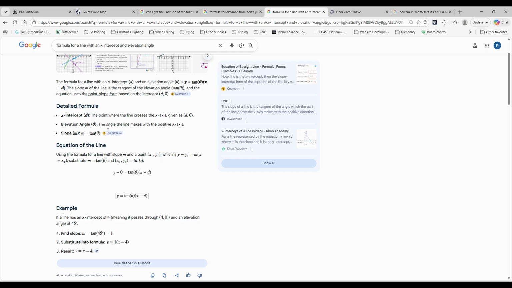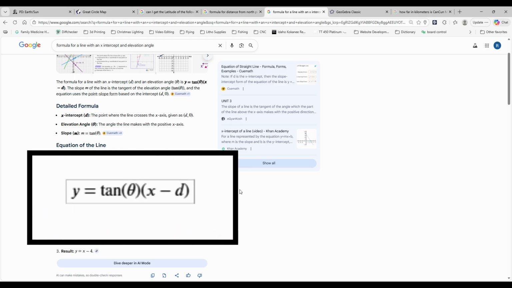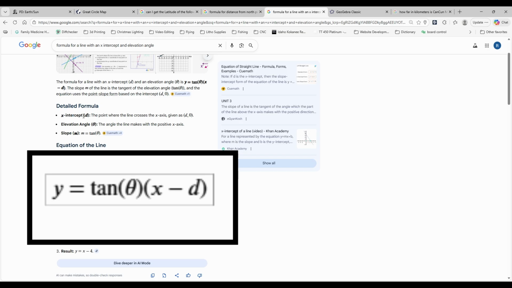And then if we want to graph a line, since we'll know the distance, that will give us our position on the ground away from the North Pole. And the equation of a line using an x-intercept, which will be d, the distance, is y equals tangent of the angle times x minus your distance.